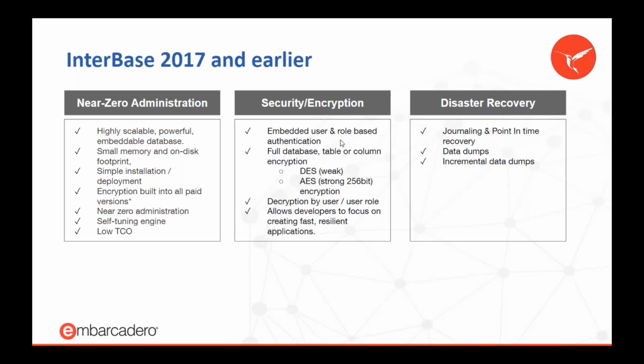So a few things like near zero administration values, like a small memory and on-disk footprint for installing the product, a silent installer that comes with the product, which you can use to install with the application, a self-tuning engine, which will accommodate how you go about doing garbage collections for obsolete records and such.